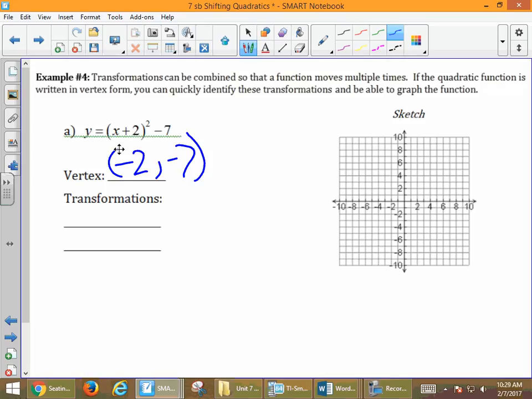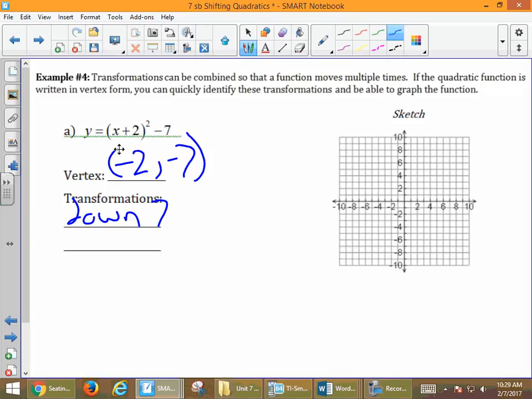Oscar, do you see anything? Do you see any transformations that are happening or that you can see? We're going down 7. Yeah, good job. This is on the back of your shifting quadratic functions notes that we were just working with.